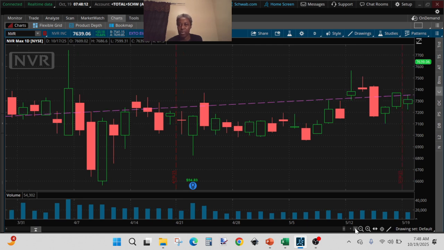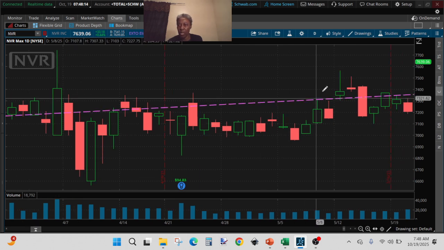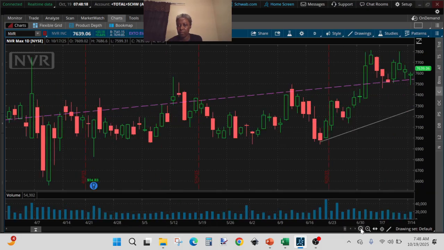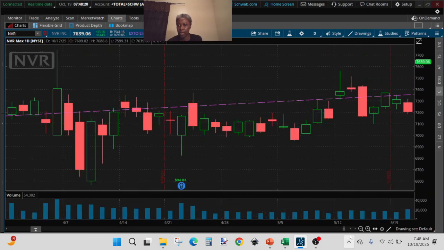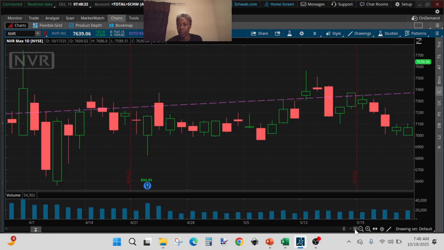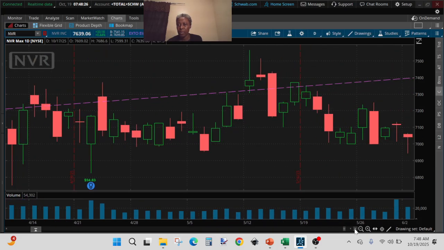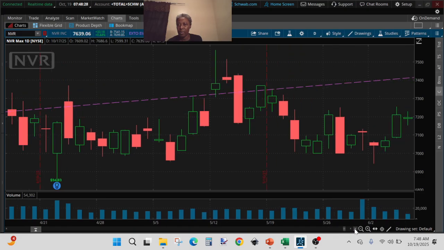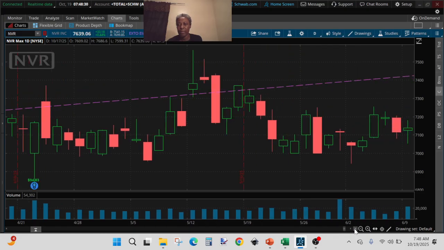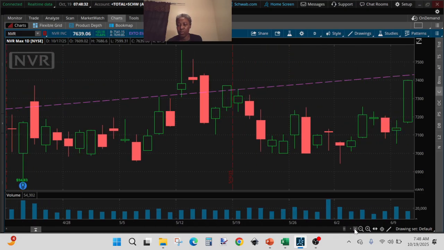So now as you can see, it went up and then it pulled back again. Shouldn't have done that. Then it pulled back down, operating below the support line.